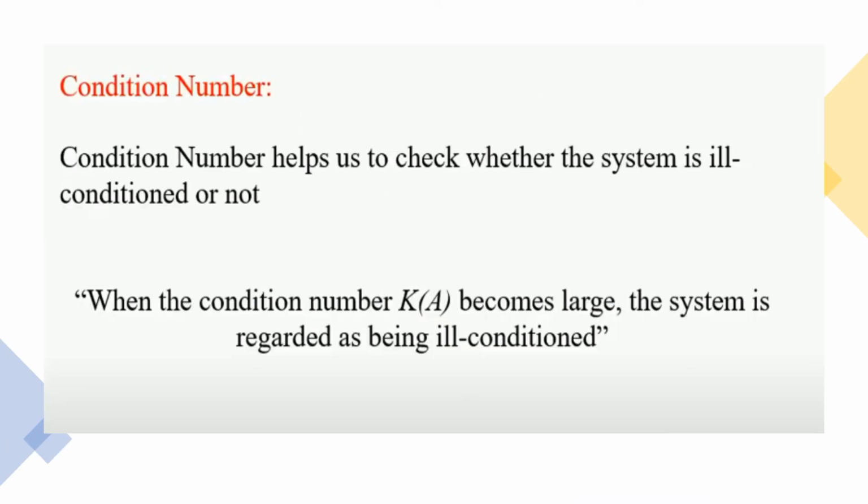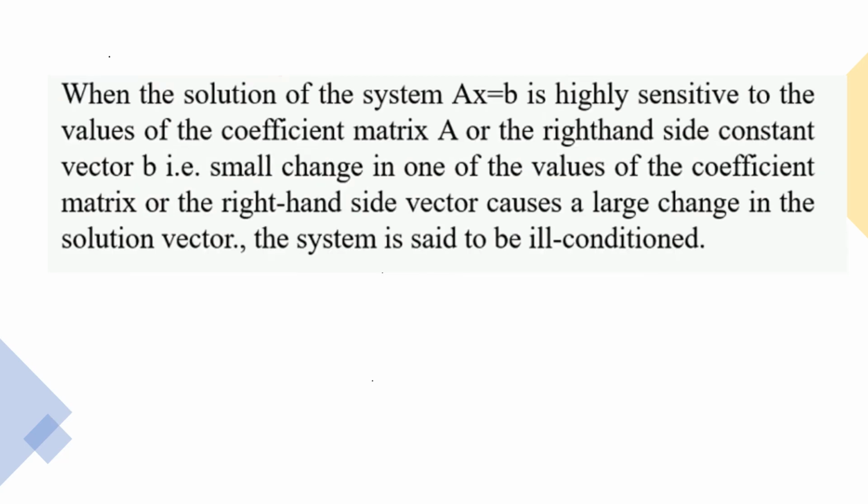You have to remember that the condition number helps us to check whether the system is ill-conditioned or not. When the condition number becomes large, the system is regarded as being ill-conditioned.